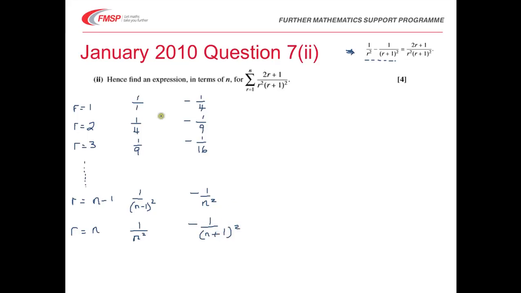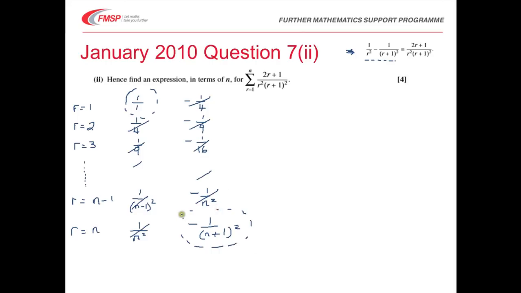And as I say, it's sometimes called the telescopic method because of course these terms now you can see are going to cancel out. So this term would cancel out with that term, this term with this term. And the only ones that aren't in this case is this first bit and this last bit.